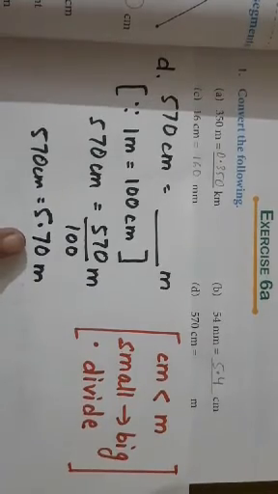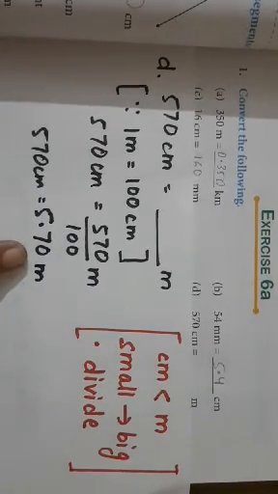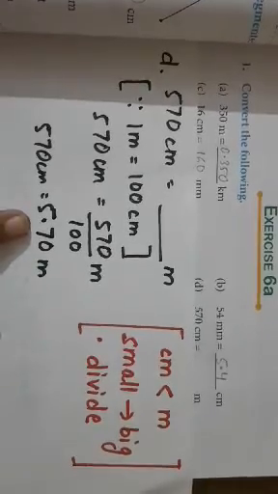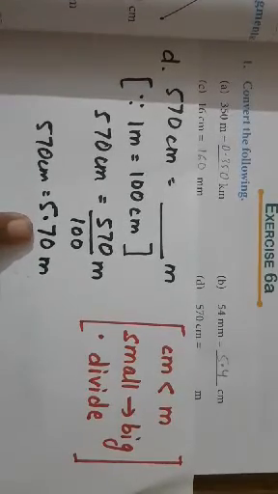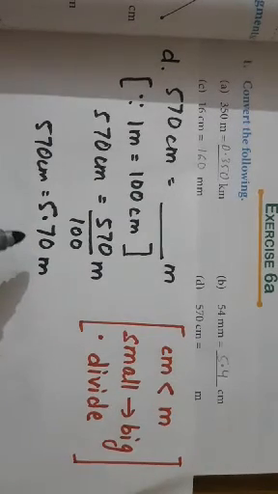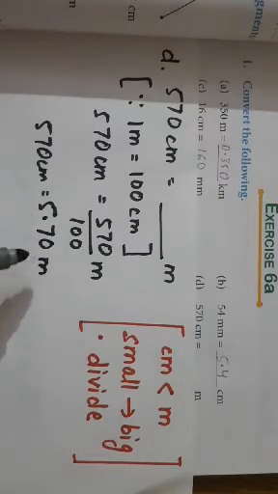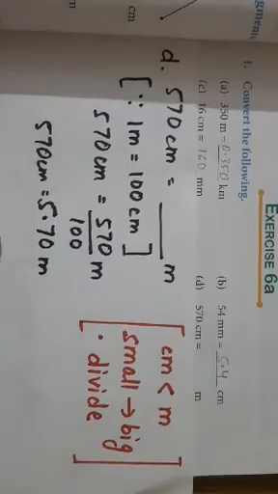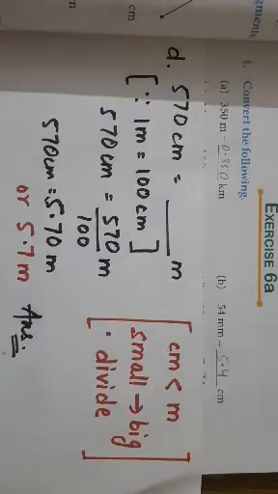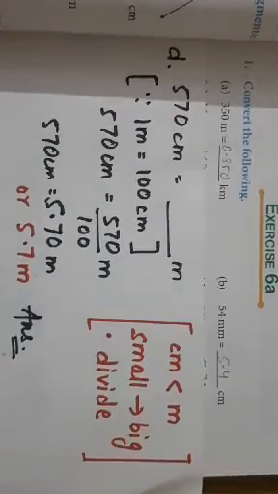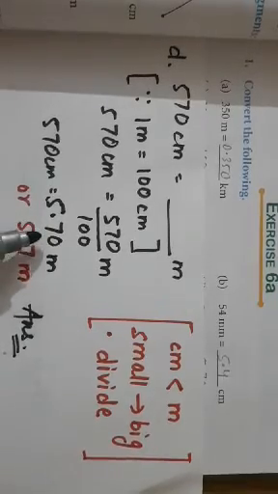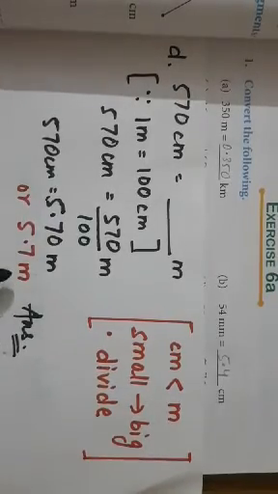We cannot read this 70 as seventy. Decimals के बाद जितने digits होते हैं हम उनकी place values के साथ उन्हें read नहीं करते हैं. We just read simply as 5.70. So this is the answer of D part. We can also write down this 5.70 meter as 5.7. Both the numbers are correct.